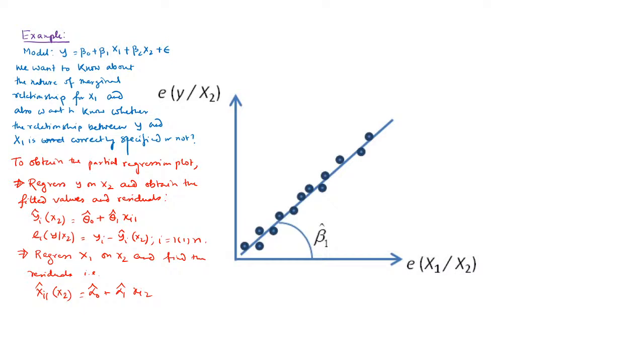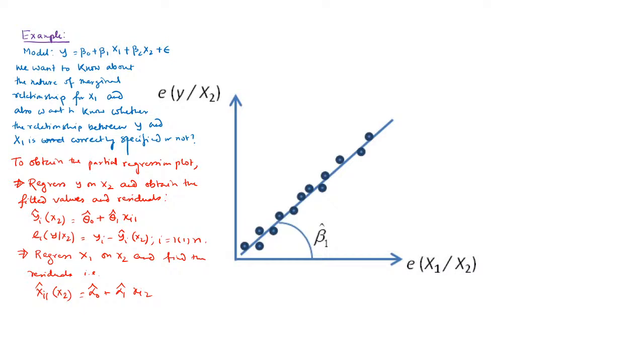We can do trial and error and check whether it is true or false using the residual plot. Suppose you add xj square, then you can treat xj square as xj star, and then again draw the partial regression plot.